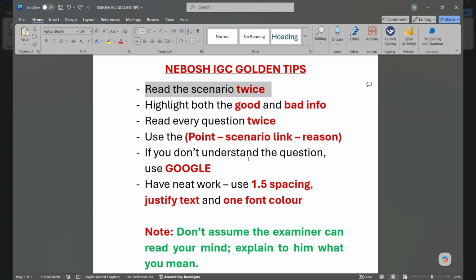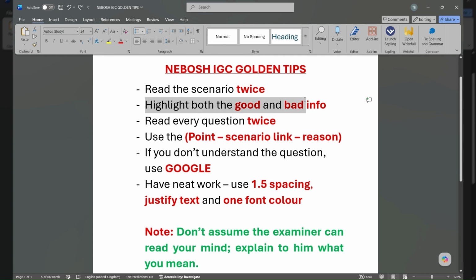A second read helps you understand the situation better and identify key details that you may have missed the very first time. Now, tip number 2, highlight both the positive and the negative information in the scenario. Use different colors of your choice to separate good practices from poor practices, hazards, weaknesses, and areas requiring improvement. This makes it easy to refer back to the scenario when developing your answers.